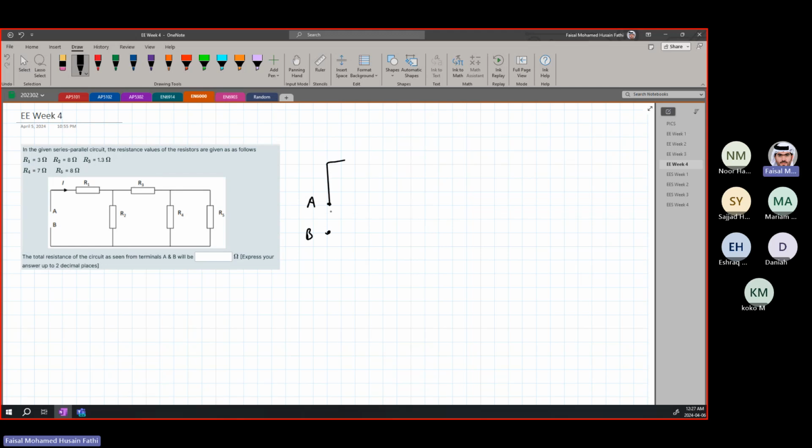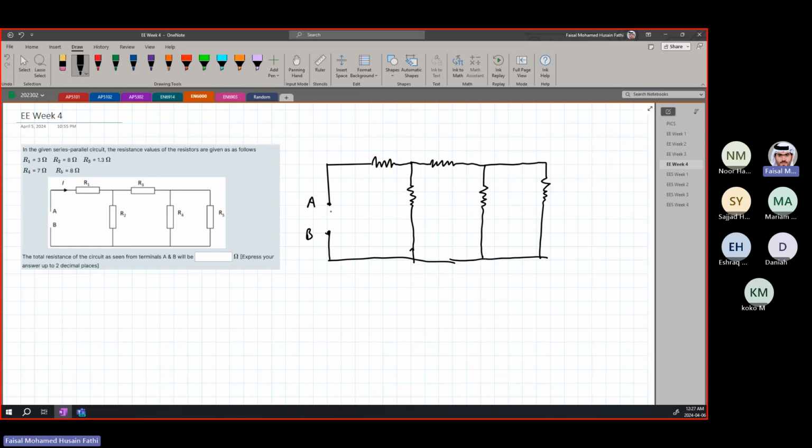The circuit, if I'm just going to redraw it very quickly, we have current going through here, resistor, then here we have a resistor, then here another resistor, then here another resistor.